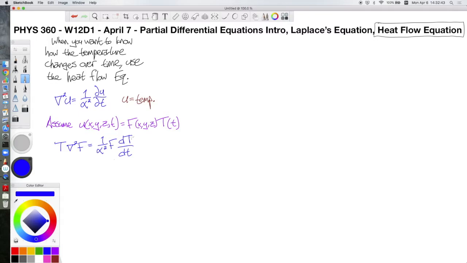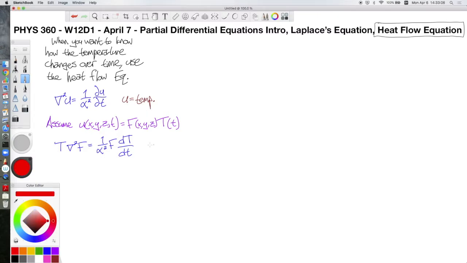I didn't make this change as early as I should have on the previous slide, but this is the point in the solution process where our partial derivatives become normal derivatives. Because in terms of the partial derivative with respect to t, only capital T depends on t. So we can just take the regular derivative of that, and F is effectively a constant in this situation.